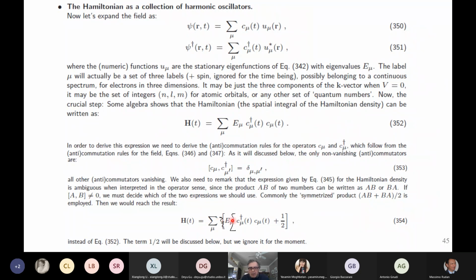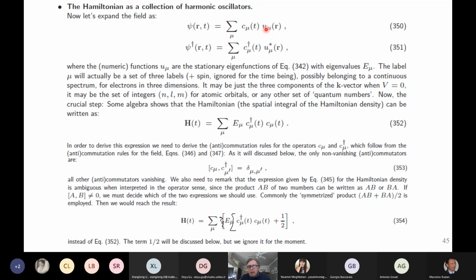So you get that the Hamiltonian is the sum over all possible eigenstates of the conventional Schrödinger problem that multiplies this product of the C dagger times C, where these are these operators that are essentially the coefficients of my expansion of the field. And then there is this 1/2 term added up. To fix the ideas, if the potential is 0, these are just plane waves, e to the i k r.